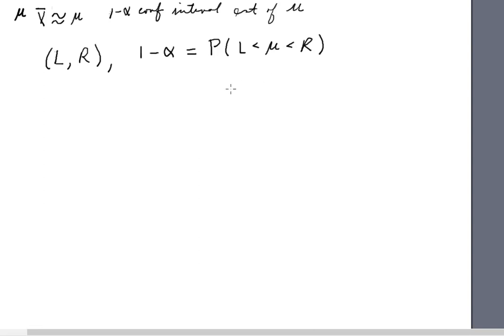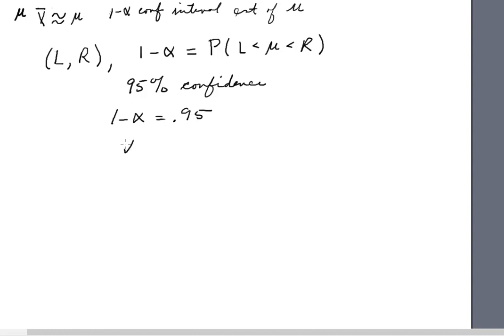So what do we have to do in order to build such a confidence interval estimate of mu? Well, we just set 1 minus alpha. We say, well, I would like to have a 95% confidence in the estimate that we are going to build. 95% confidence. That means 1 minus alpha is equal to 0.95.